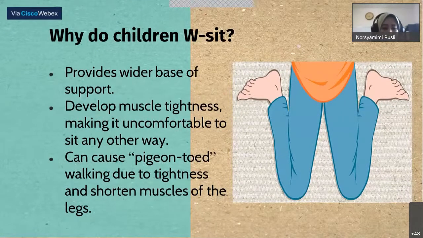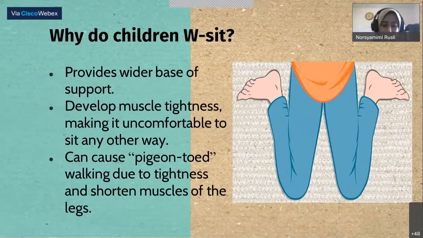Okay, children who have weak core muscles tend to W sit, as this position provides them with wider base of support. In this position, children are able to hold themselves upright without having to work as hard on maintaining their balance. So they depend on the wide base of support to sit upright rather than depending on their core muscles to sit.